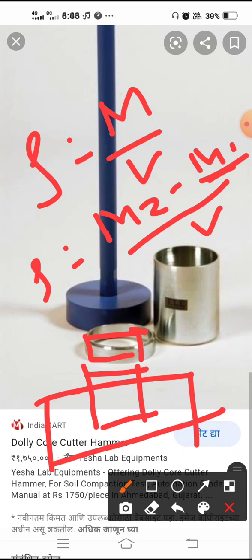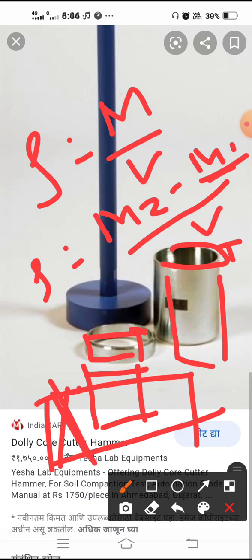This whole core cutter, and here is the dolly, can be penetrated into the soil, and only this small projection should be left, that is 1 centimeter to 1.5 centimeter. Then we want the weight of core cutter plus soil sample. For that purpose we can excavate the surrounding soil so that we can easily get the whole core cutter.